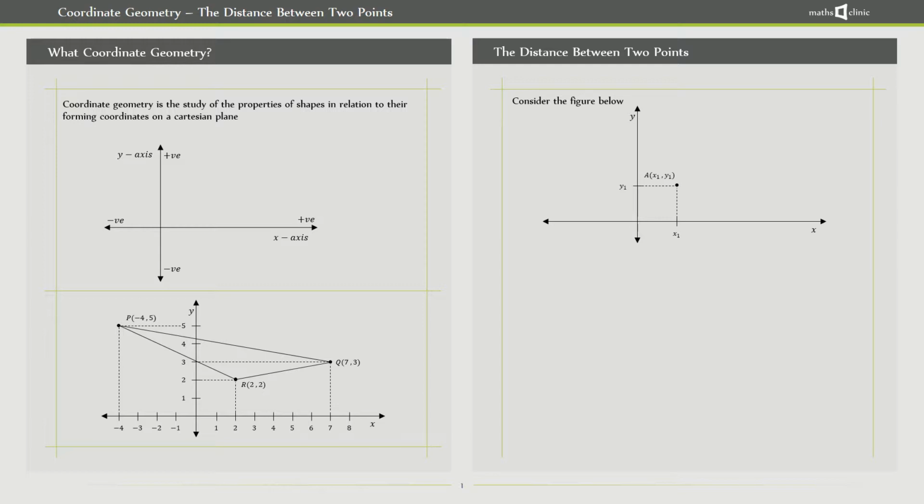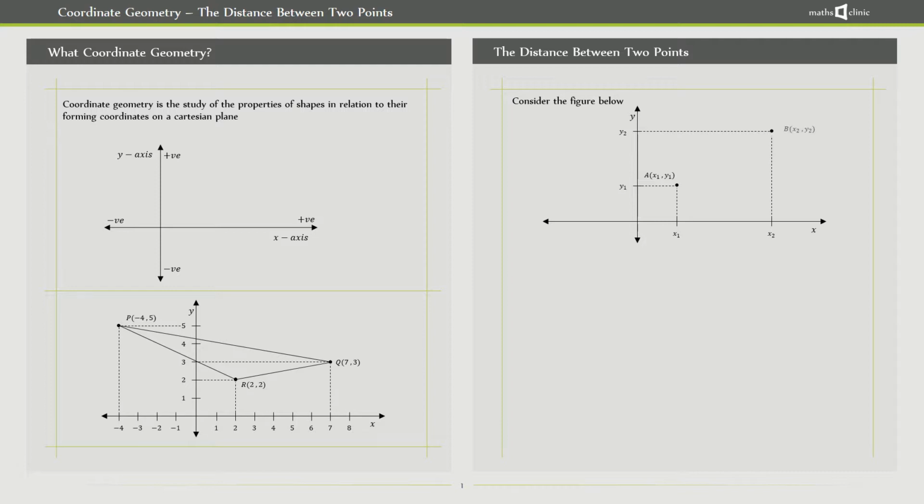So basically we're trying to draw up a formula that we'll be able to use to solve for the distance between 2 points. Let's assume this is one of our given points, point A, with values x1 and y1. And now let's do another point, point B. I'll trace point B to the x-axis, and it has value x2, and I trace to the y-axis, and point B has y2.